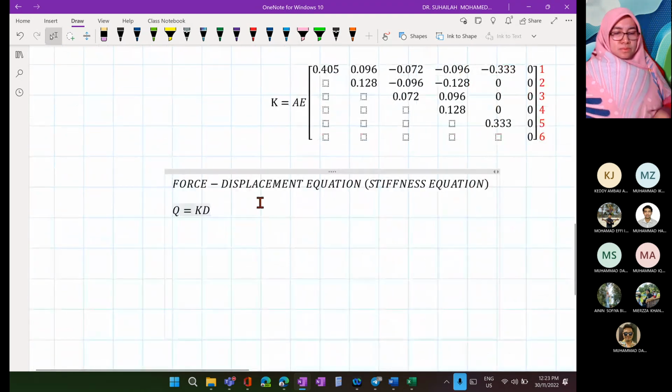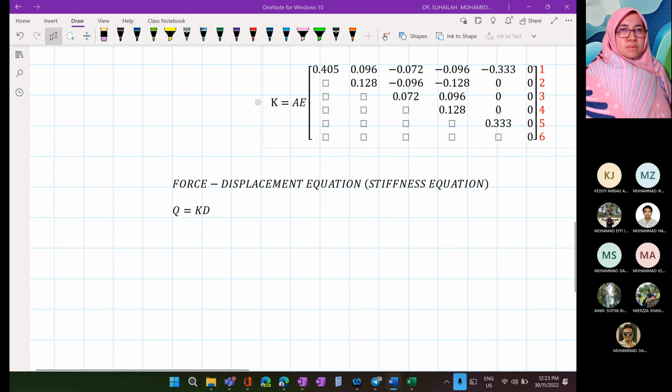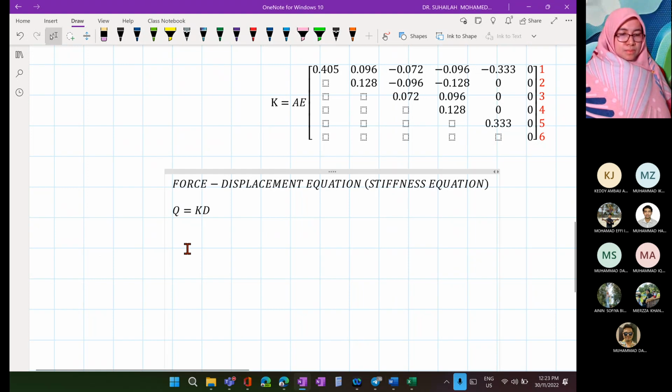So here we have what we call nodal forces.